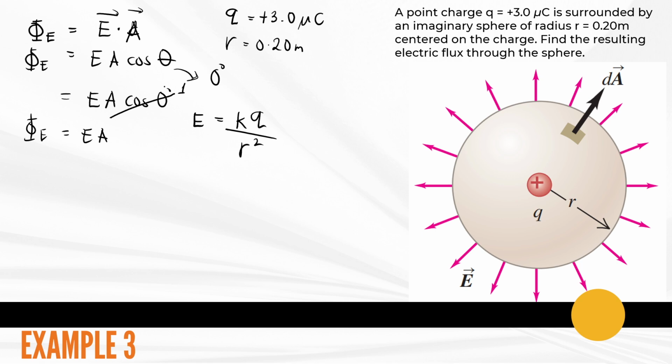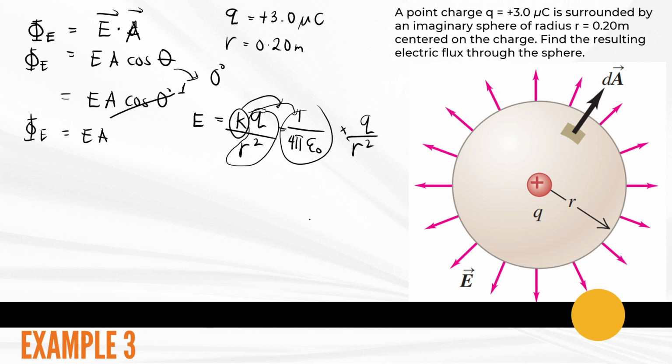Tama? And itong K na to, if you will also remember, this is also equal to 1 over 4 pi epsilon naught, or the permittivity of free space. So, ito yung K natin, itong part na yan. Okay? And then, lagay natin si Q over R squared. So, times Q over R squared.